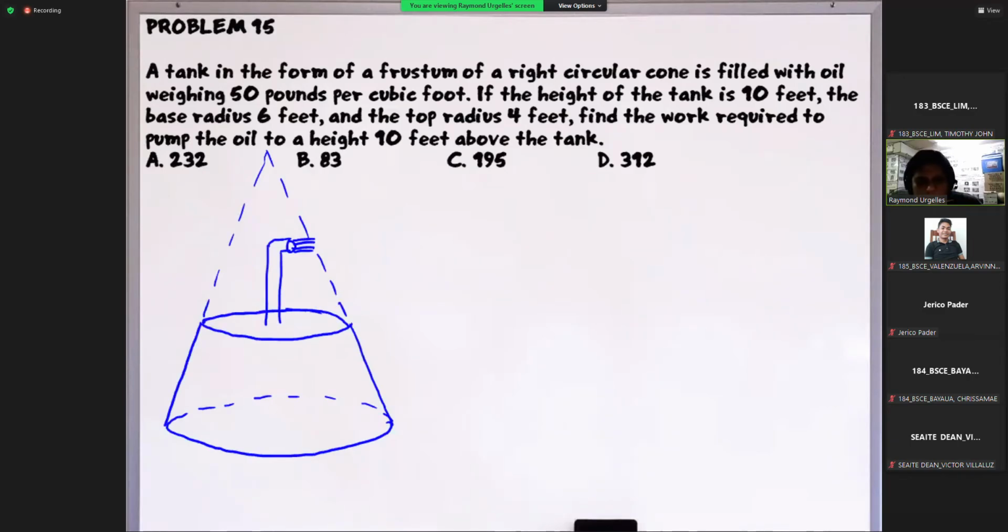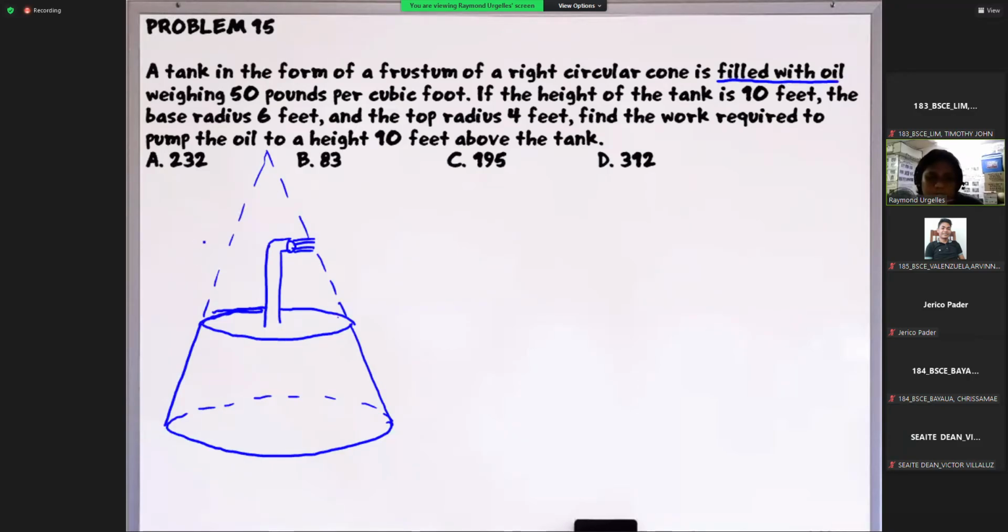If we assume na yung frustum ng cone natin, yung container or tank natin, is initially full, gaano kalaking work yung kailangan natin i-exert para lang mailabas natin yung lahat ng oil dun sa frustum natin? Even though wala nakalagay dito, ayun pala nakalagay, filled with oil. So we will assume na puno to ng oil, tapos ipapump natin yung buong volume niya to a height of 10 feet above the tank.